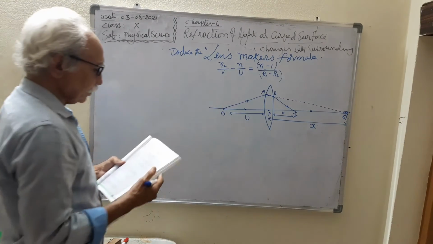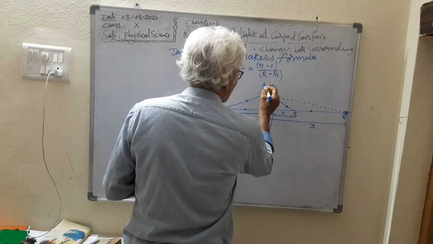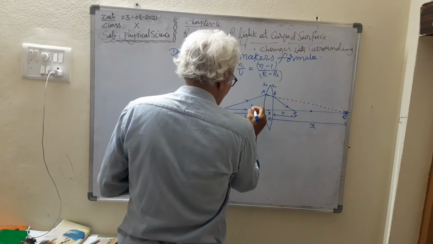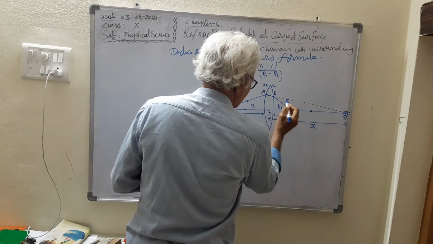Now here are the surfaces S1 and S2. For S1, R1 is the radius of curvature, and for S2, R2 is the radius.